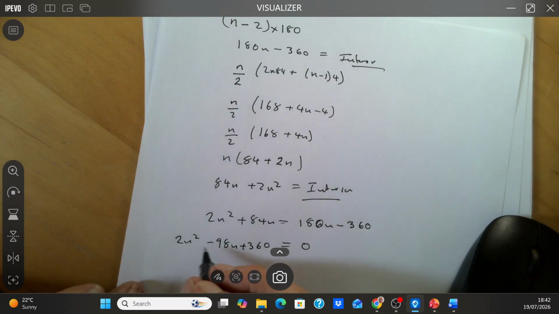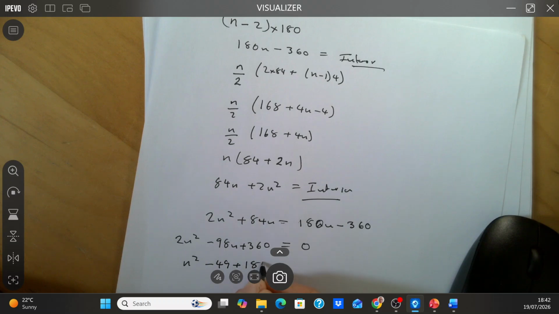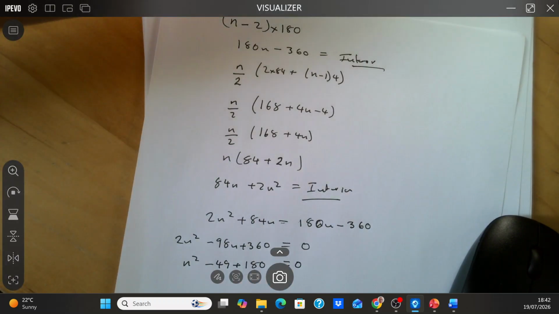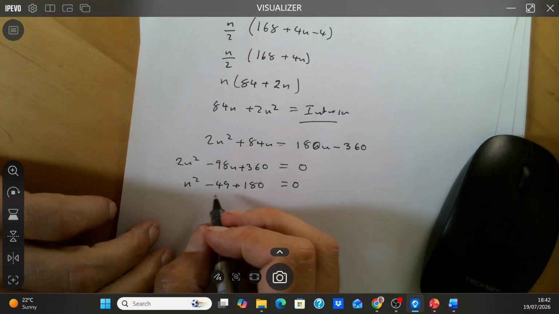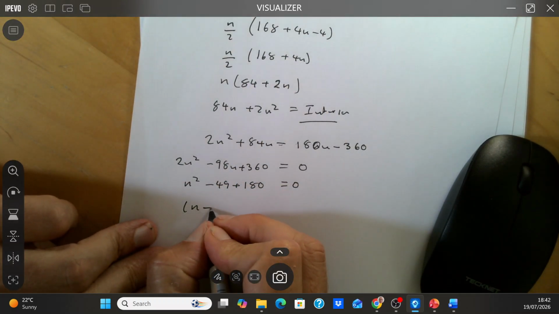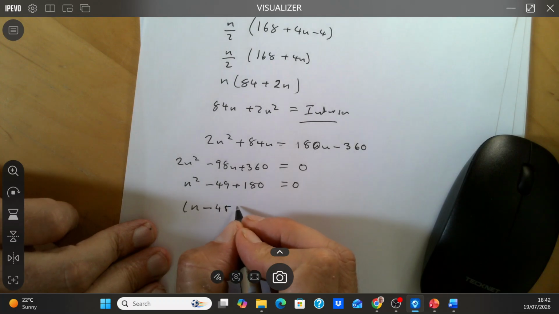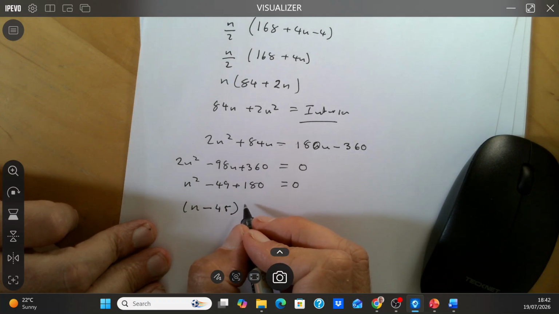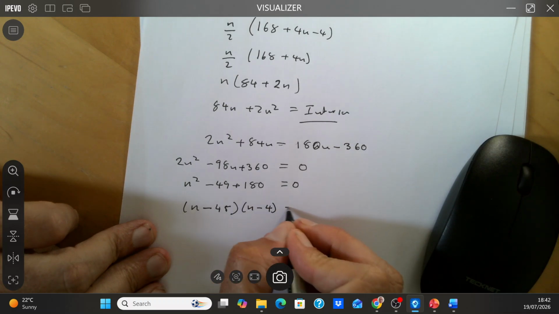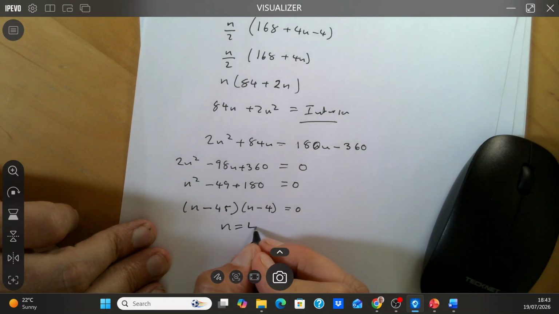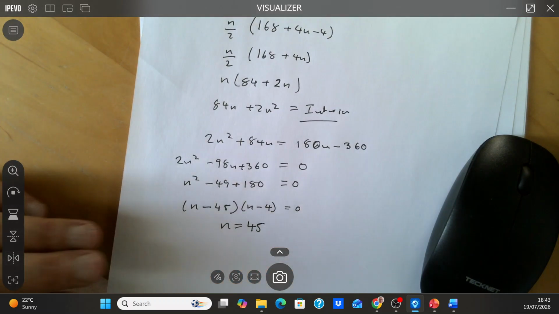Right, before I factorise that, 2 goes into all of that. That factorises to be n minus 45, n minus 4, n must be 45 because of what the question says.